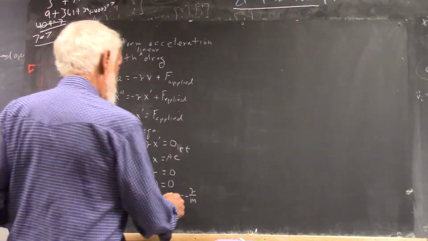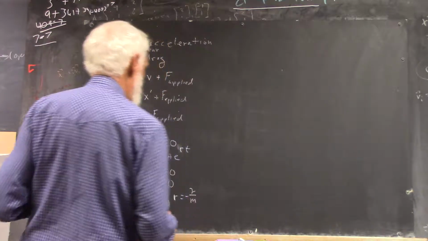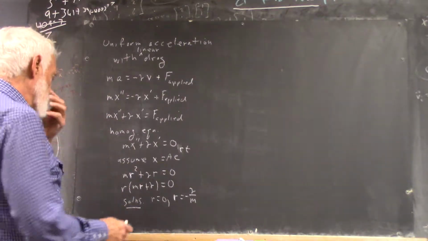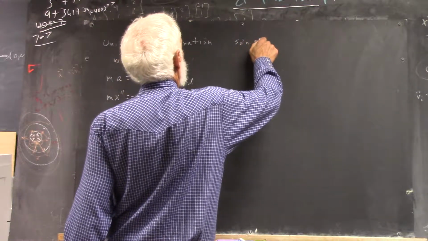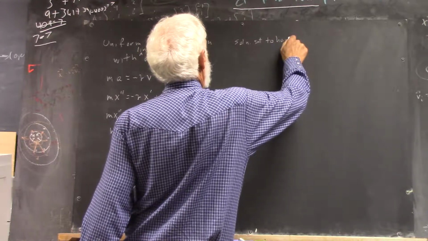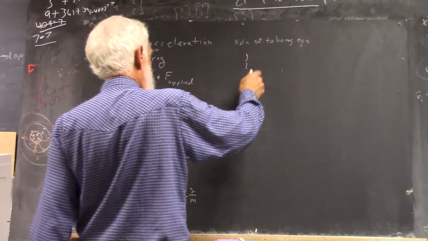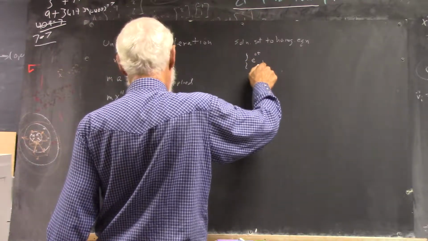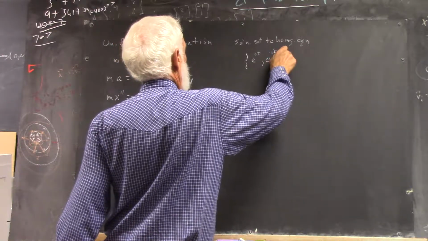Okay, so anyhow, here we have all this. And I made my gamma look more like a gamma. I was trying to fix it. Okay, so our solution set to the homogeneous equation is going to be e to the 0t, e to the negative gamma over m t.